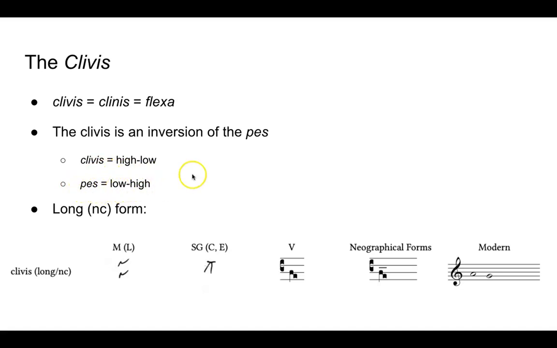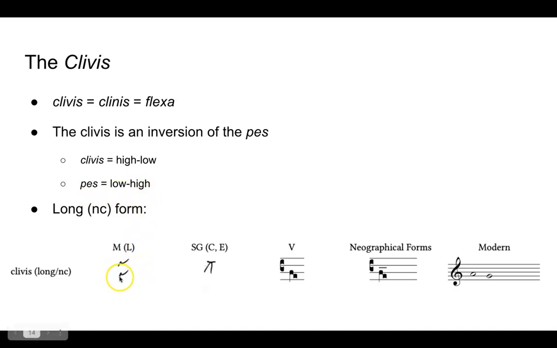So the pes had the contour low to high. We looked at that in all of those variants. It always had the contour low to high. And the clivis is just the opposite of that. We're going from a high note to a low note. So if you're able to understand that, the clivis is just an inversion.